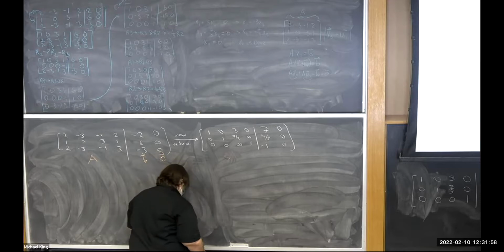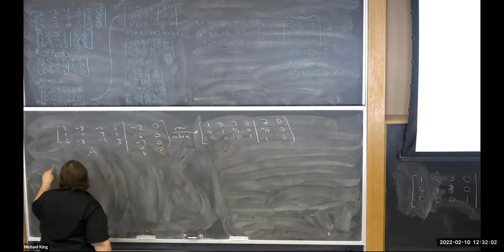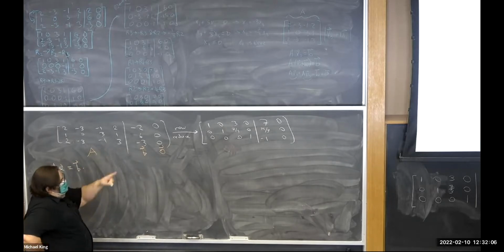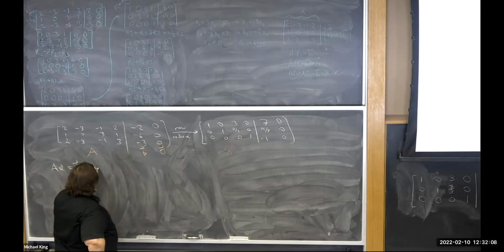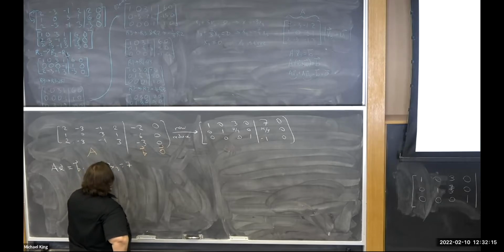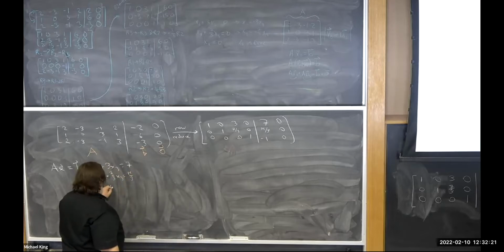So if we wanted to solve AX equals B, you can interpret these equations as x1 plus 3x3 equals 7, x2 plus 7/3 x3 equals 14/3, and x4 equals -1.